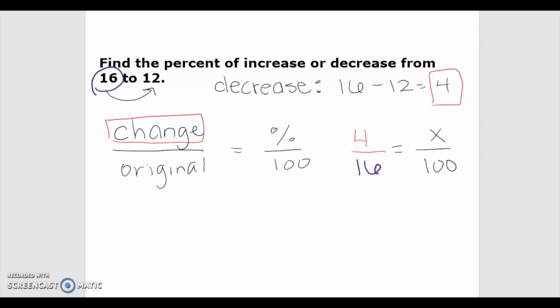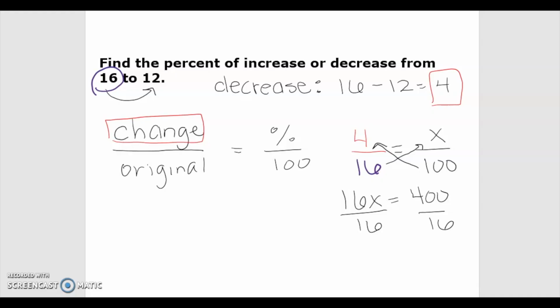So now we're just going to go ahead and solve. So we would do cross product. 16 times x is 16x. Then 100 times 4 is 400. Now we have a one-step equation. So we're going to divide both sides by 16.